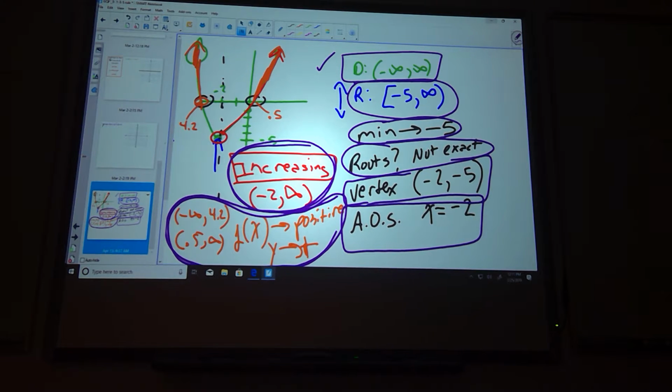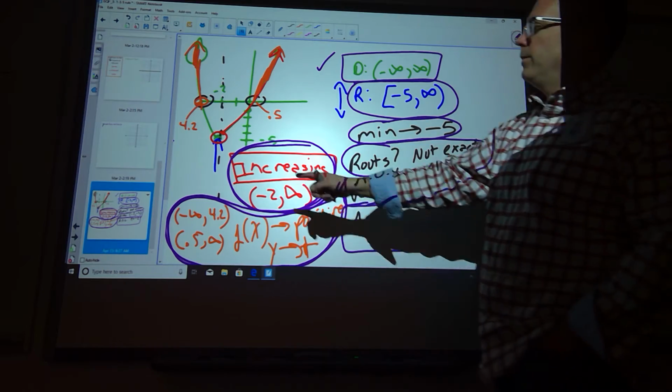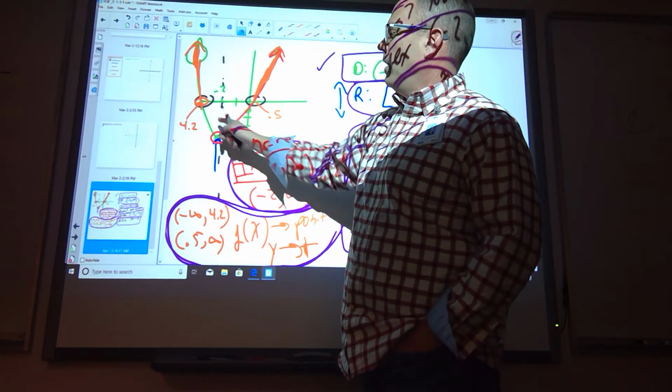Wait, when it says if f(x) is positive, that means where is our graph above the x-axis? So this is the x-axis, right? On the left side and on the right side, the stuff in the middle here would have negative y values.